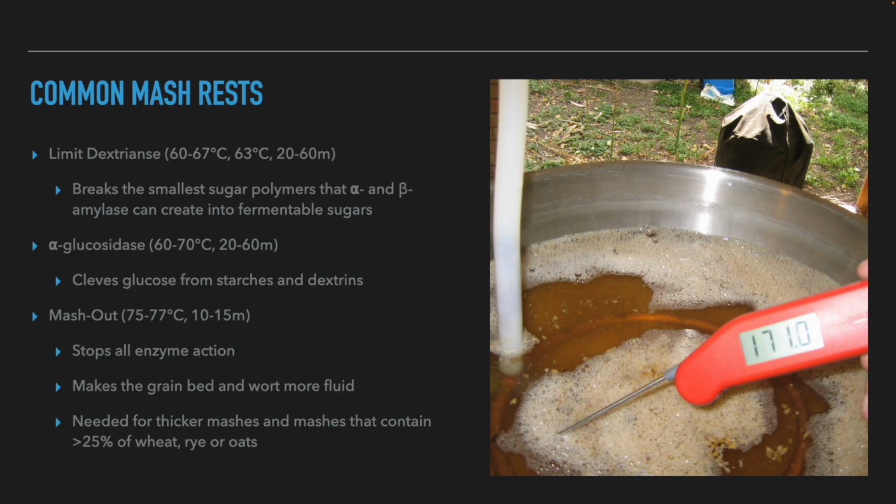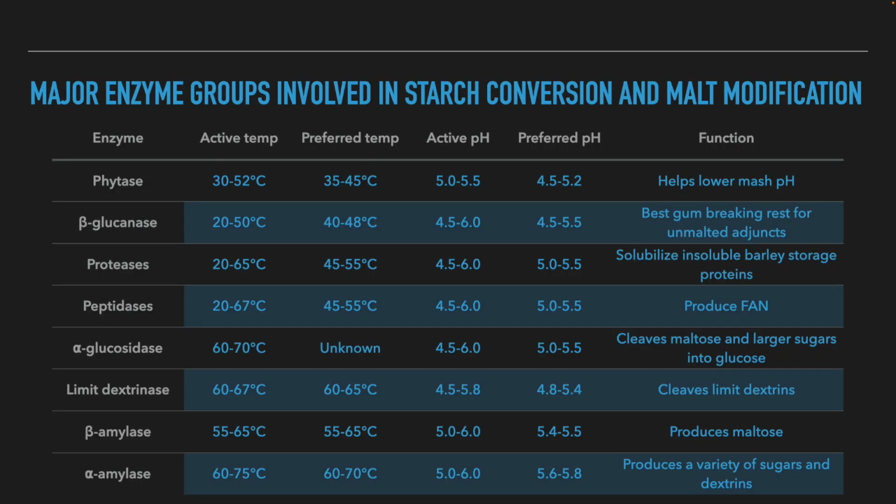It is essential for thicker mashes and mashes that contain more than 25% of wheat, rye, or oats, but it's recommended for every mash. This table summarizes all the enzymes that are active in the mash, their active and preferred temperatures and pHs, as well as their function. You can use this as a quick reference.